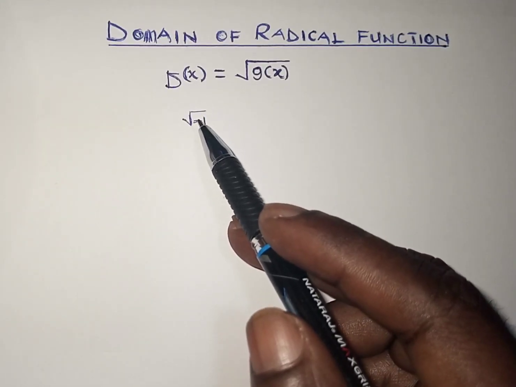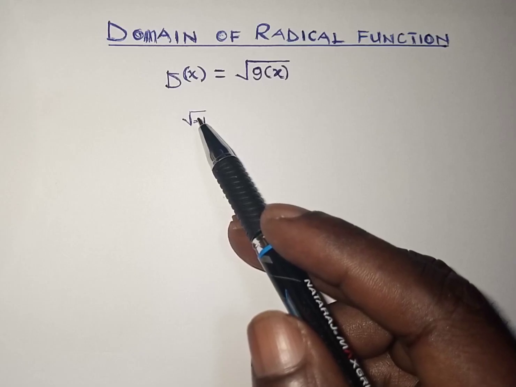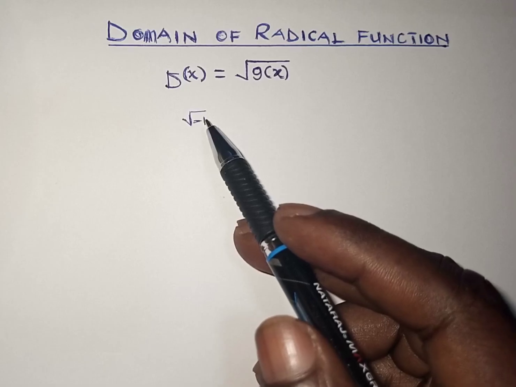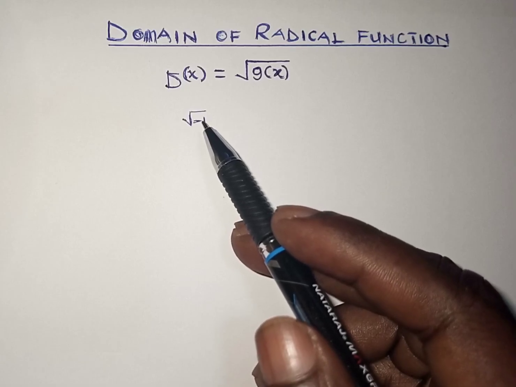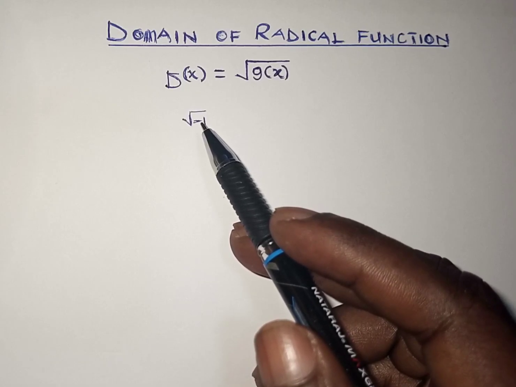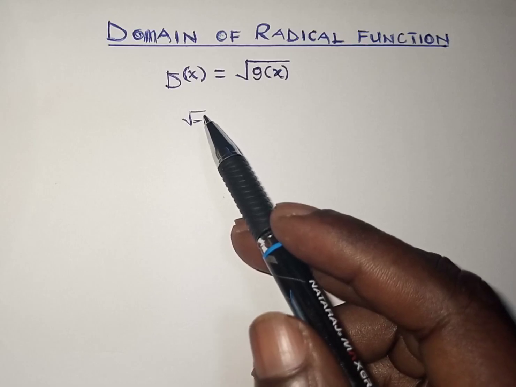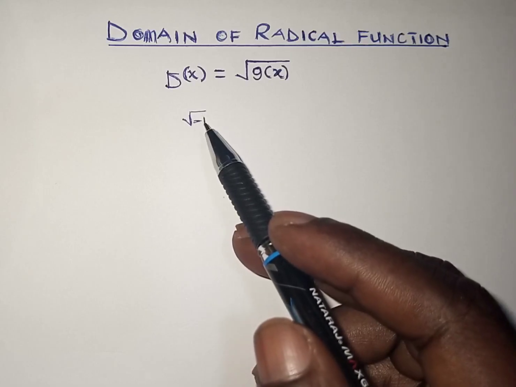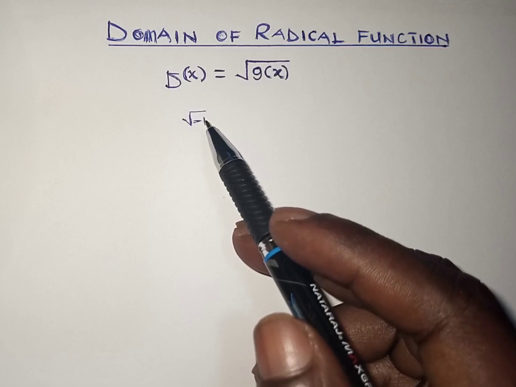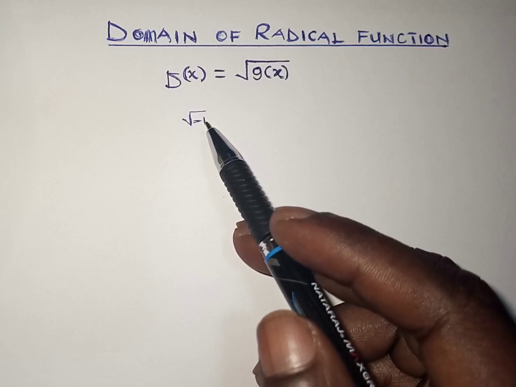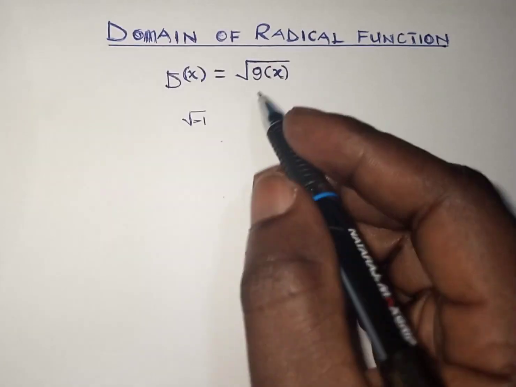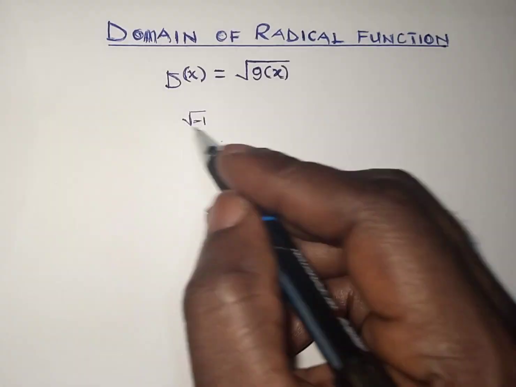Undefined. Even though we have other concepts like imaginary roots or complex numbers that can deal with a negative square root, in this case we are not looking at complex or imaginary roots. So if you have this, it means you are not going to get any solution.